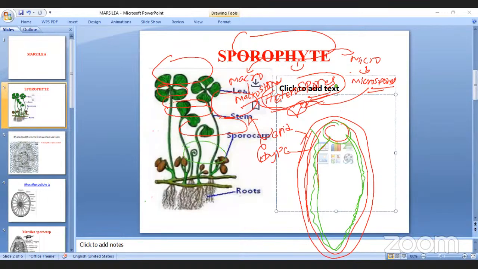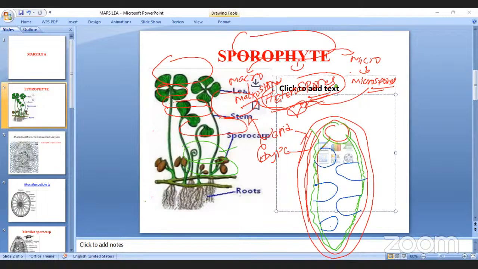This sorus is protected by the indusium. This is important. Let's draw in blue. The sori are formed alternately, one on one side and another on the other axis. Alternately formed sori, this is called the sorus.